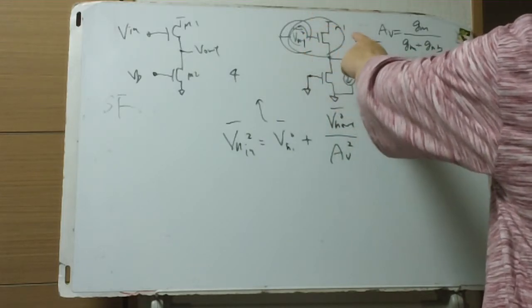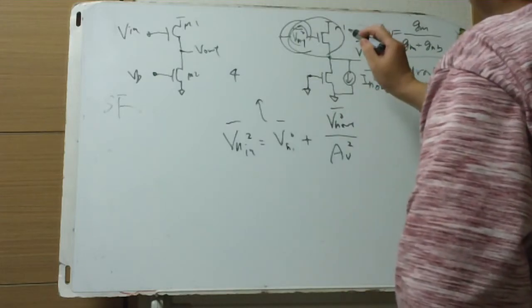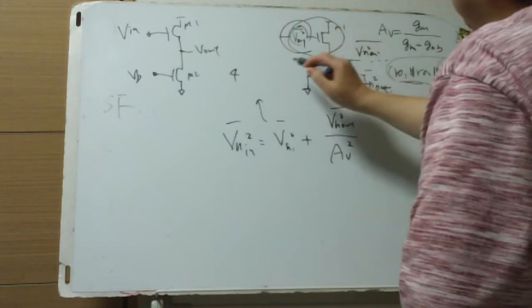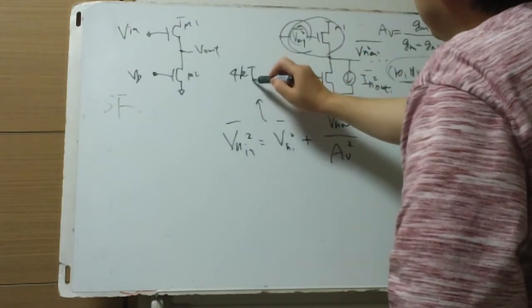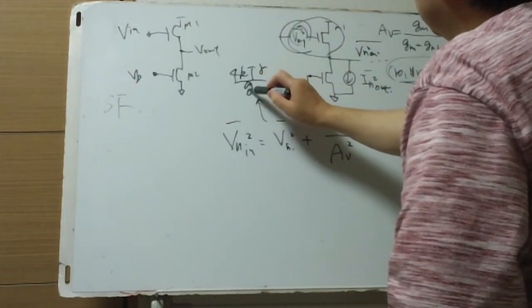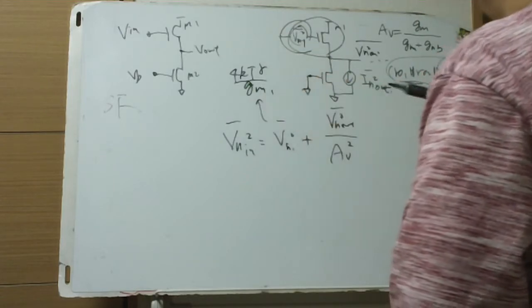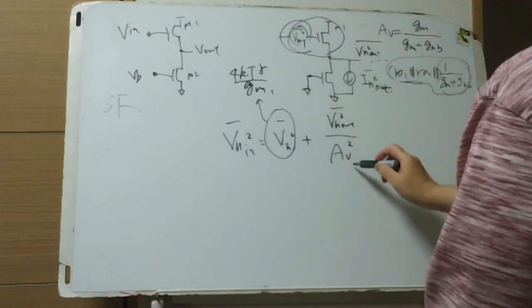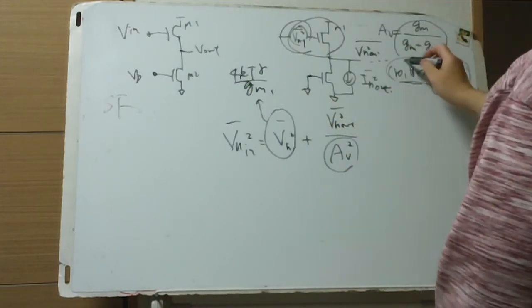The channel noise, the gate-drain channel noise, equals 4kT gamma divided by gm1. This is this, and this gain is this.